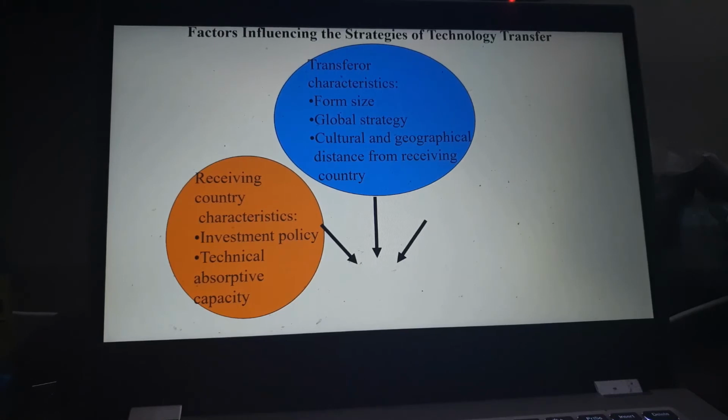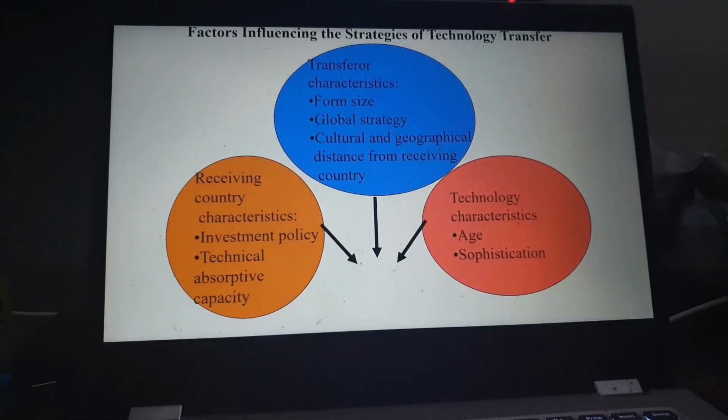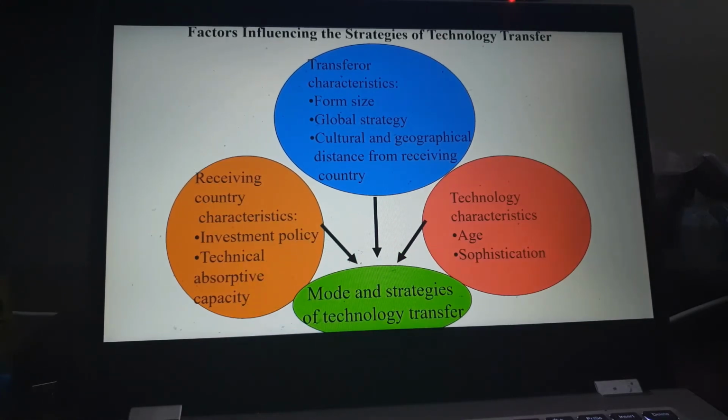Now, the transferer characteristics, the person who is transferring: the form, size, global strategy, culture, and geographical distance, all that will also influence the strategies for technology transfer. Now, the technology itself: the age of the technology, the sophistication, these are just three of the factors that actually influence the mode of strategies that we can use for technology transfer.